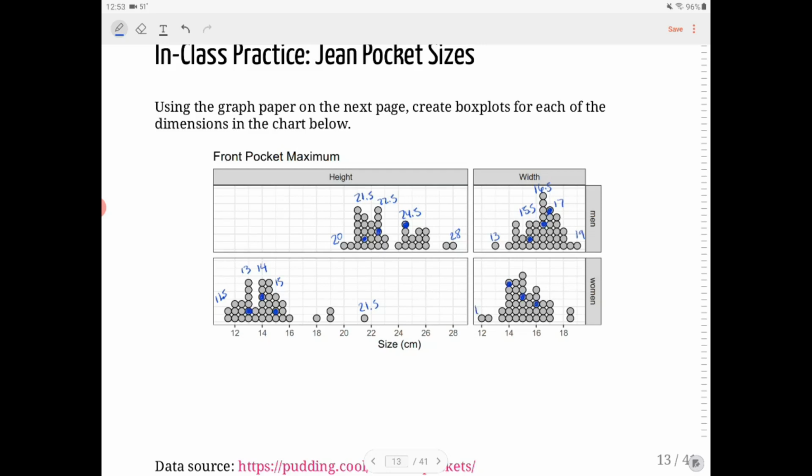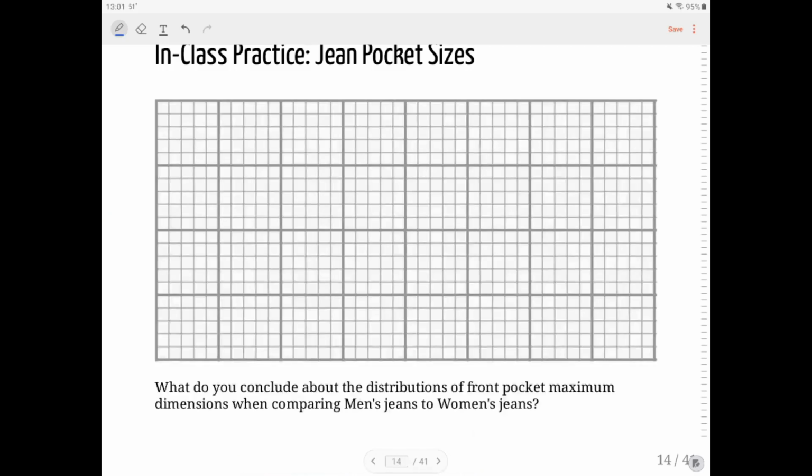All right, so 12 is our minimum. 14 is our lower quartile. 15 is our median. 16 is our upper quartile, and 18.5 is our upper bound. So we now have all of the values that we need to draw our box plots on the next page.